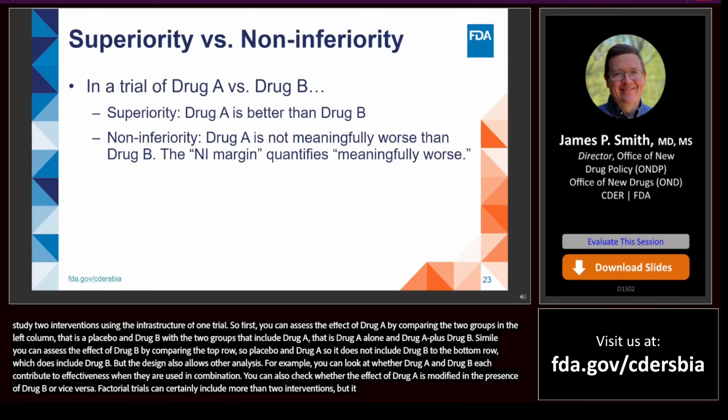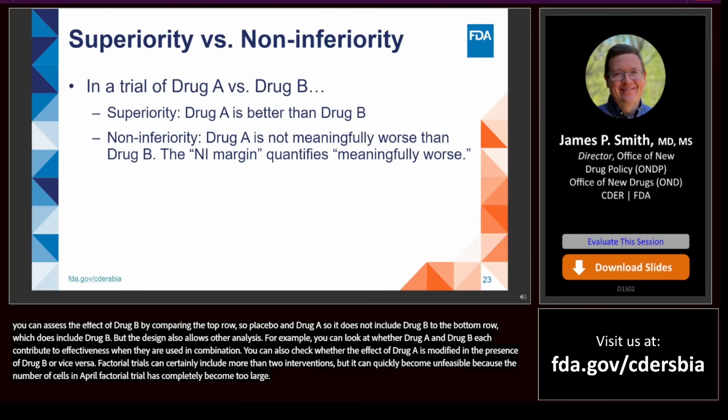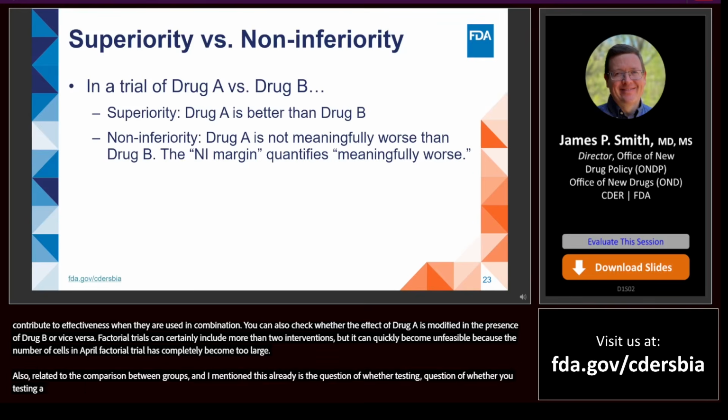Also related to the comparison between groups, and I've mentioned this already, is the question of whether you're testing a superiority or a non-inferiority hypothesis. So in a trial of drug A versus a known active control drug B, the superiority hypothesis is testing whether drug A is better than drug B. And by better, this would usually mean more effective, although I suppose you could test a hypothesis related to superior safety as well.